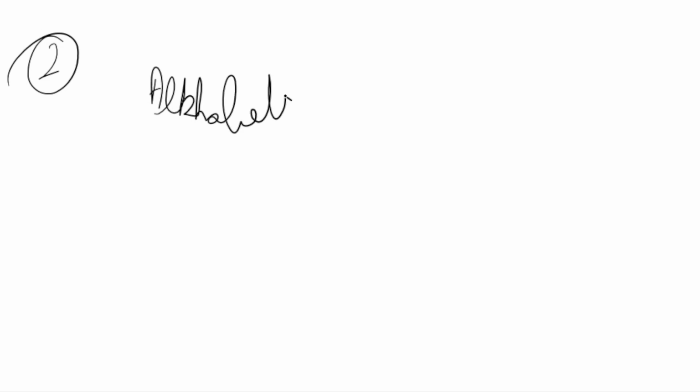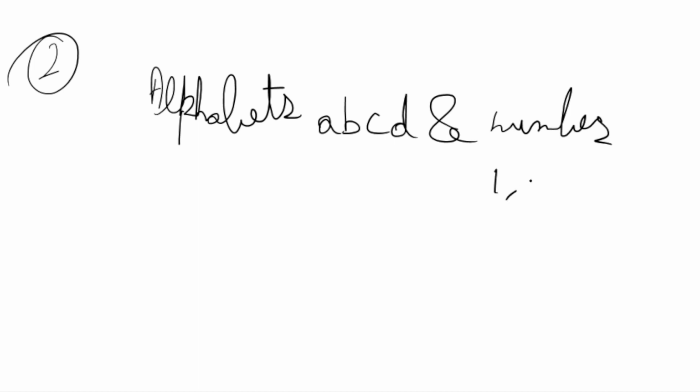Let's move on to the second one: your variable name includes alphabets and numbers. Alphabets, which are obviously A, B, C, D, and numbers, meaning 1, 2, 3, 4 and so on. And as I told you earlier, it doesn't accept any special characters or blank spaces.